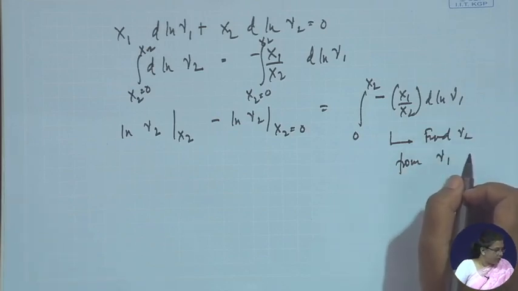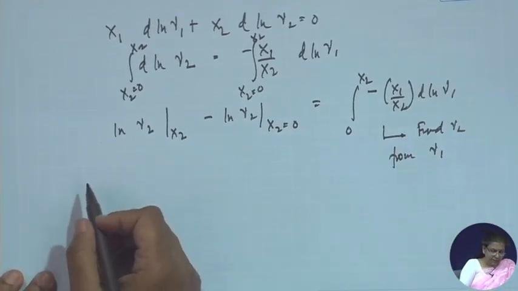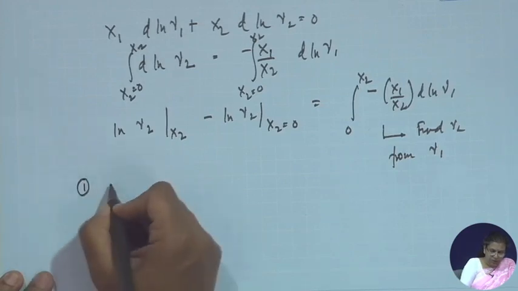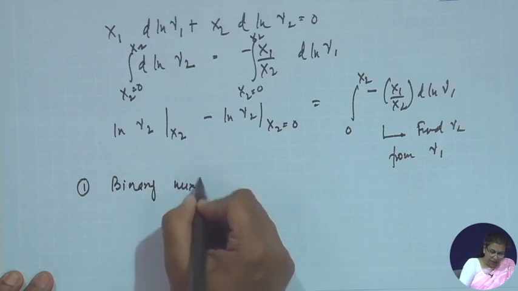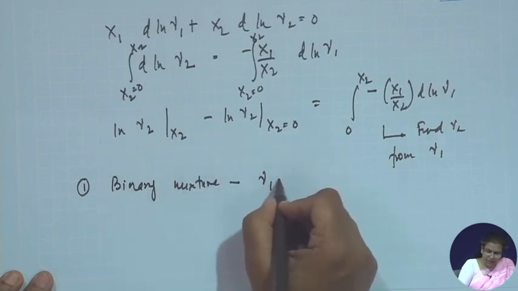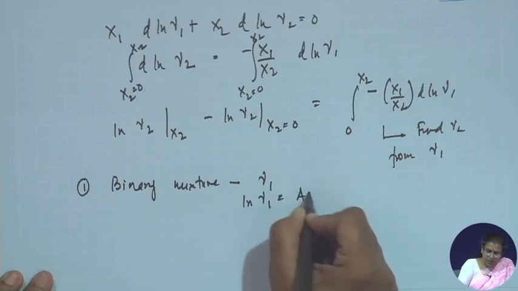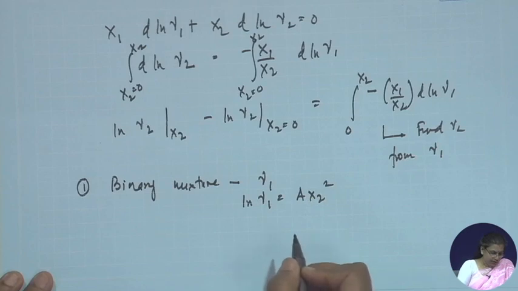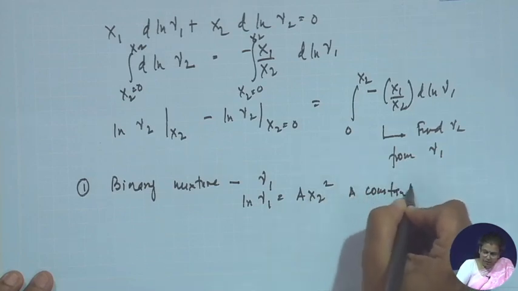Suppose we take up a problem in this respect. Say for instance, I have a binary mixture. In the binary mixture, I know gamma 1 is represented by the equation ln gamma 1 equals a x2 square, where a is a constant.